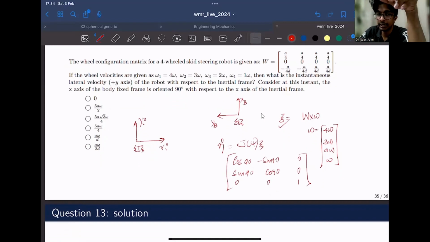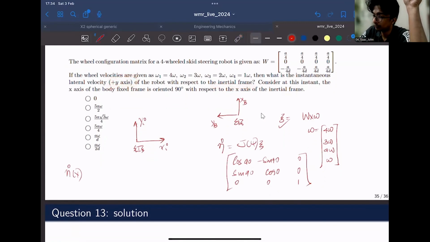So eta dot is what you want to find out, and specifically the y component of eta dot, because that is what the question asks. It says the lateral velocity along the y-axis with respect to the inertial frame of reference.